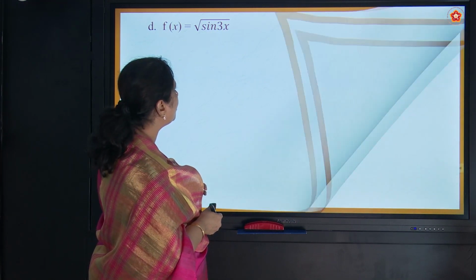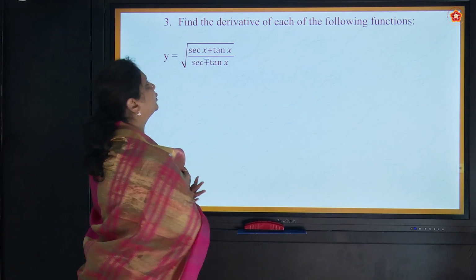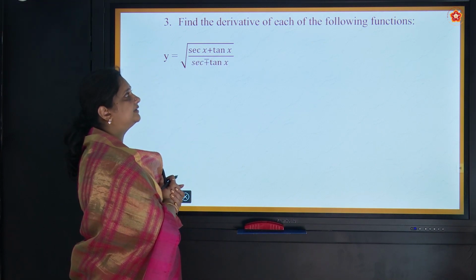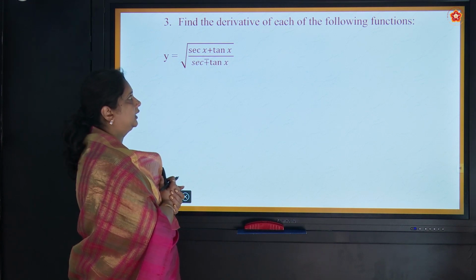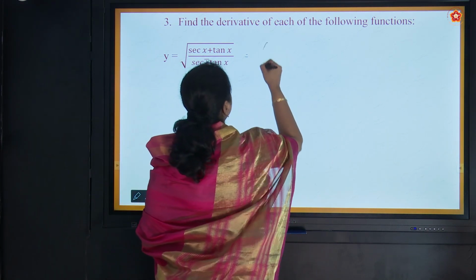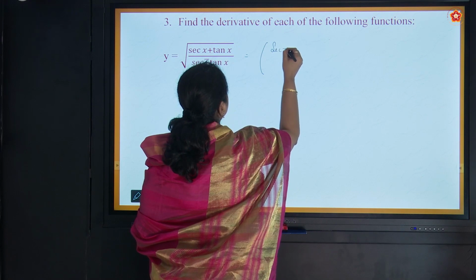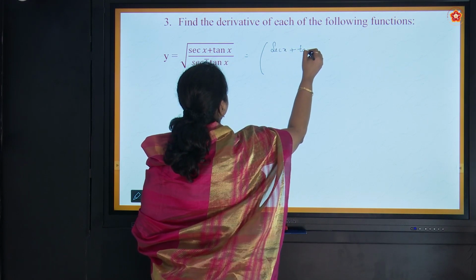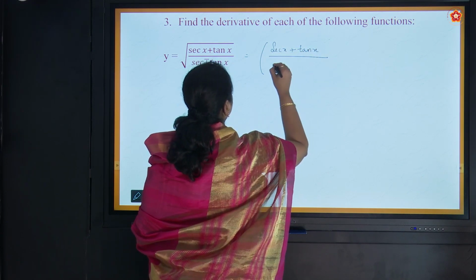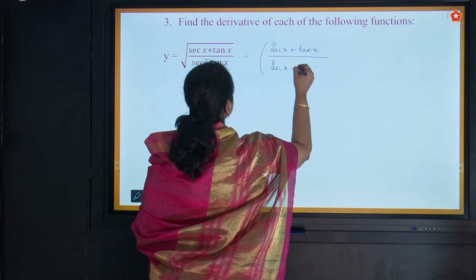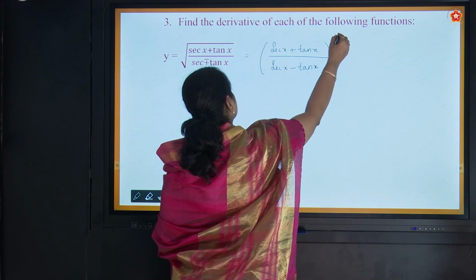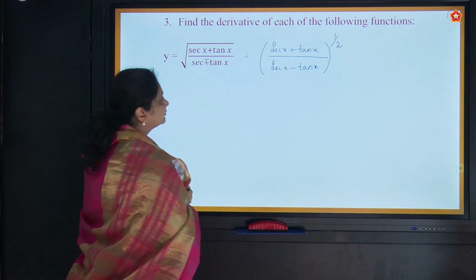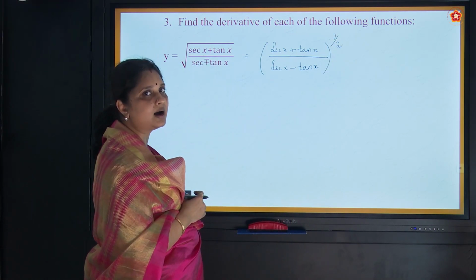Now let's move on into the next question. Find the derivative of the following function. Now again, so that it is easy for me to start my differentiation, we'll discuss the complete question, the whole raised to the power half.